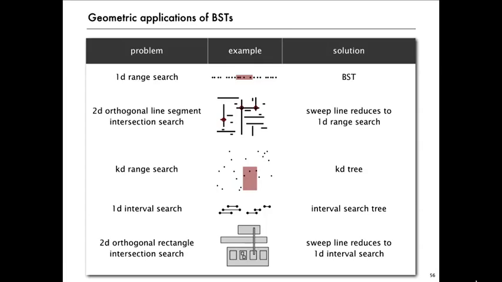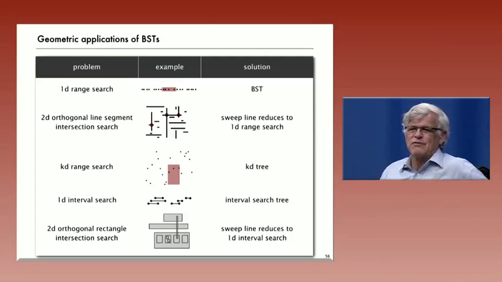And then the interval search tree to solve the one-dimensional interval search problem, and then how that corresponds to the basic algorithm that you get to if you use the sweep line algorithm to solve rectangle intersection. Many of these problems are the basis for geometric processing of huge amounts of data that we see all over the web. And our basic search tree mentality and APIs and binary search tree data structure give us efficient solutions to these important practical problems.